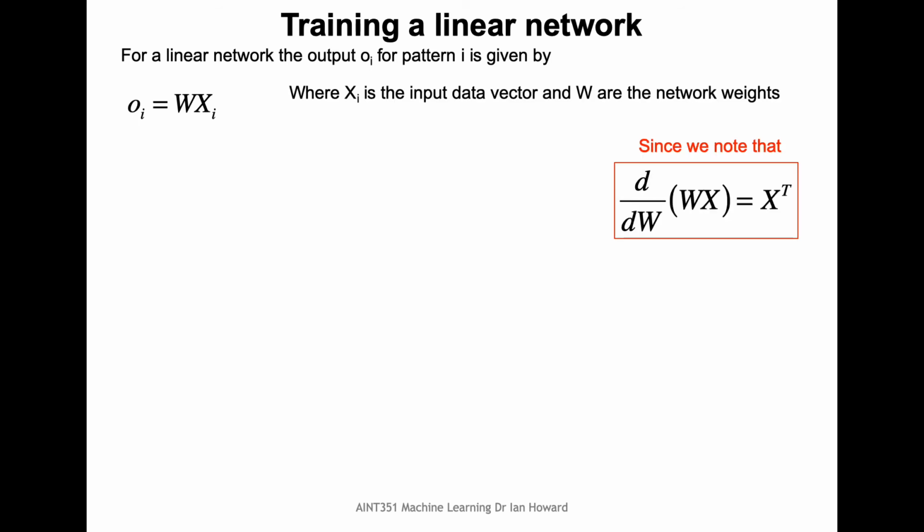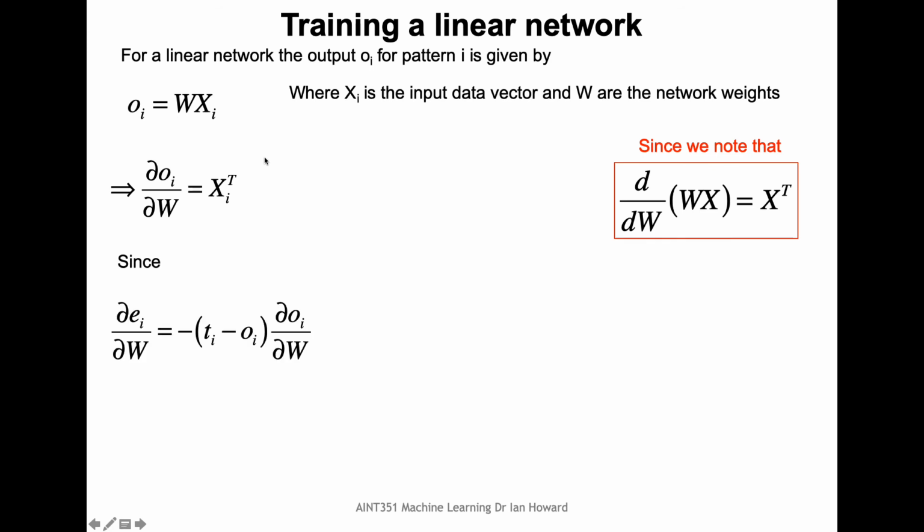And we know that d/dW of WX equals X transpose, right? We did that in one of the first lectures. So it's quite easy to calculate this derivative, dOi/dW. It's simply going to be Xi transposed, right?